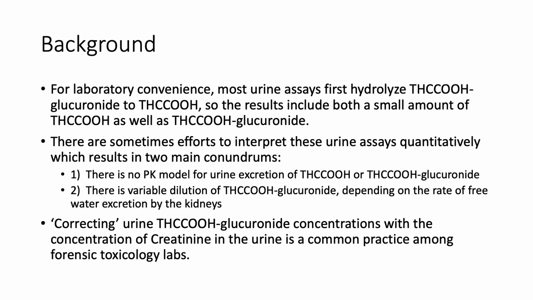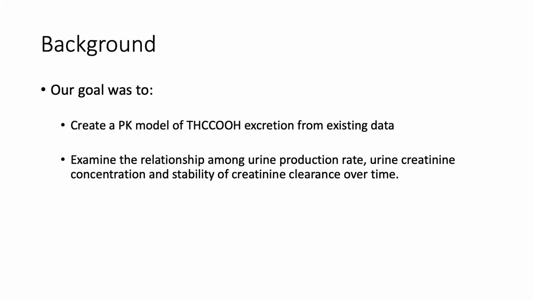There is also variable dilution of the carboxy-THC glucuronide in the urine, depending on the rate of free water excretion by the kidneys. Thus, correcting urine carboxy-THC glucuronide concentrations with the concentration of creatinine in the urine is a common practice among forensic toxicology labs.